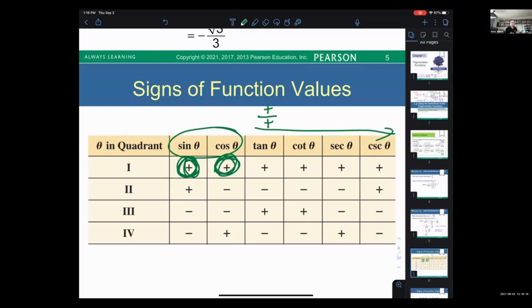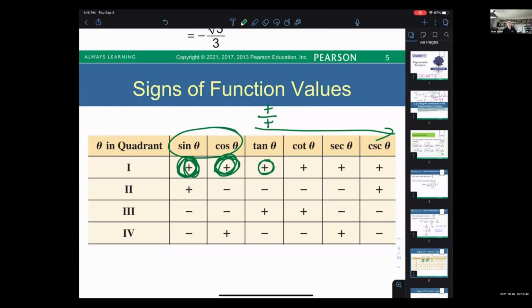And so then you can go back to the rules of signed arithmetic, that if you take a positive and divide it by a positive, you get a positive. And that's why tan would have to be positive, because I'm taking one positive number and dividing it by another one. And that will always result in a positive number. Does that make more sense? Yes, it does. Okay.